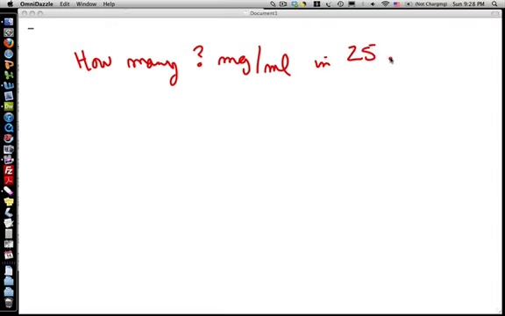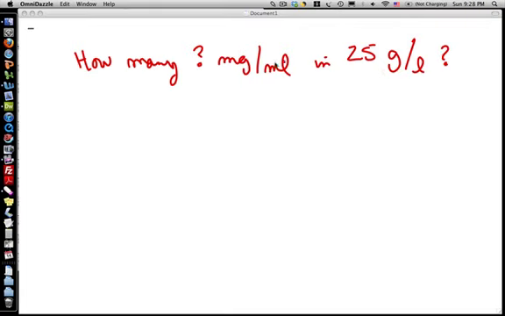Here's another kind of problem to solve: how many milligrams per milliliter are there in, say, 25 grams per liter?